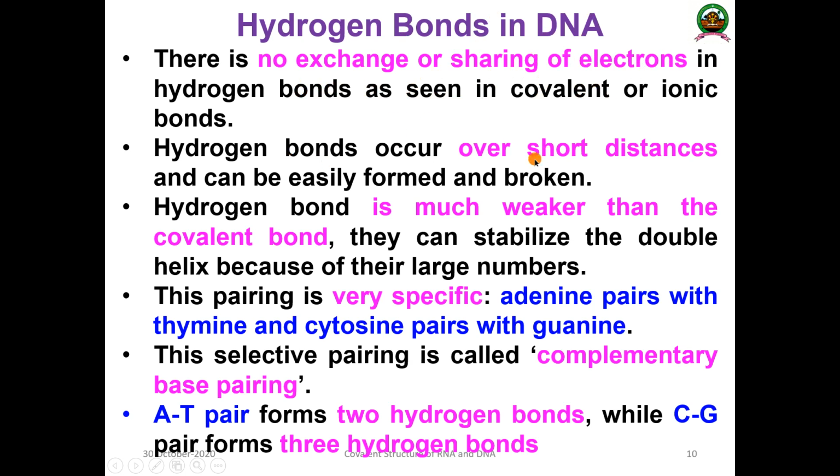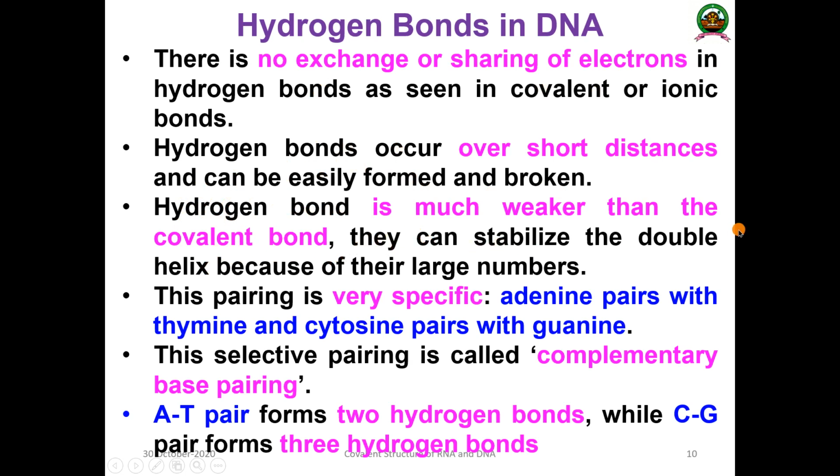Hydrogen bonds occur over short distances, and they can be easily formed and easily broken. They can come together and interact very easily, and they can be broken very easily. Compared to the covalent linkage, this is a very weak interaction. Hydrogen bonds are much weaker than covalent interactions.